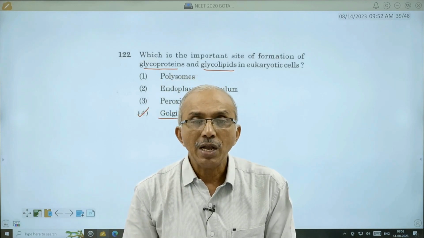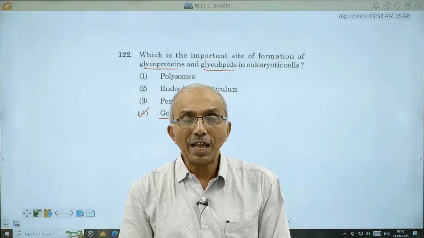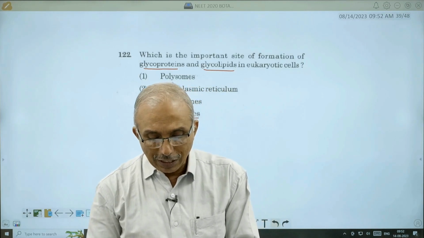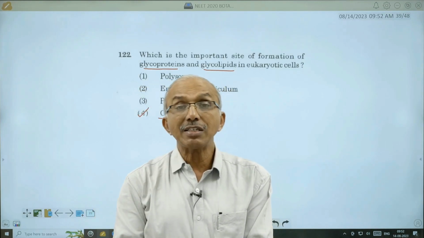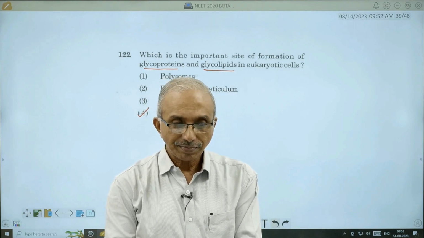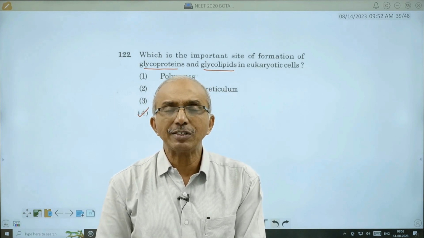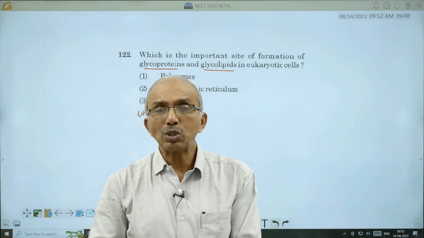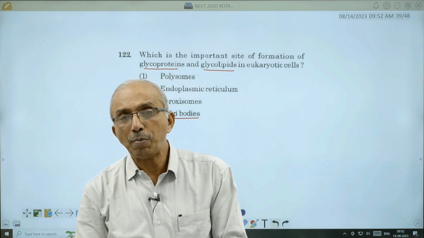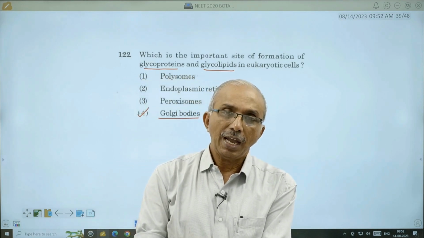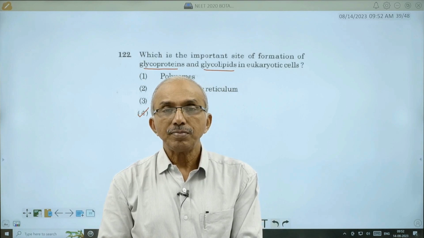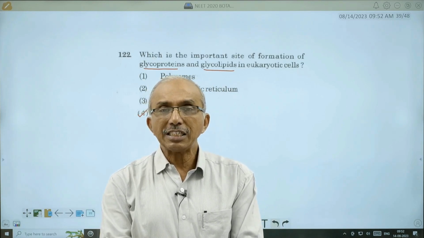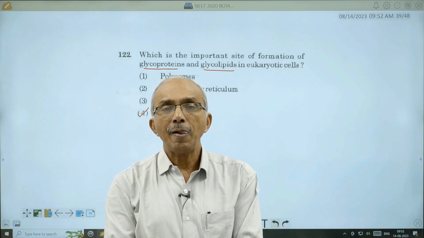Similarly, smooth endoplasmic reticulum synthesizes lipids, and these lipids are transported to Golgi bodies, and Golgi body chemically modifies the lipid, that is, packaging is done. How?